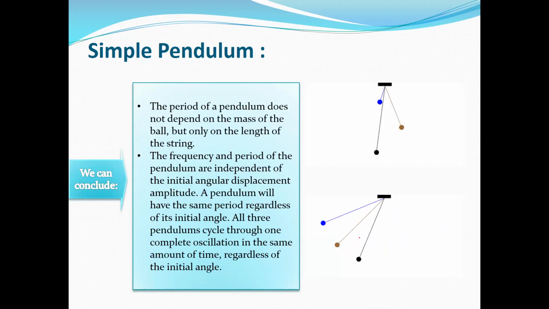I mean, here you can see for the blue one, the initial condition is more than the brown one, and also the brown one is more than the black one, but the natural frequency and the period for all of them are the same, because again, the natural frequency only depends on the length of the pendulum. Okay, any question? Is it clear?